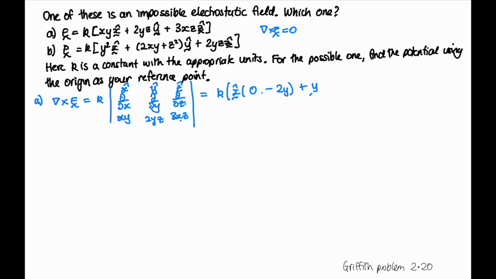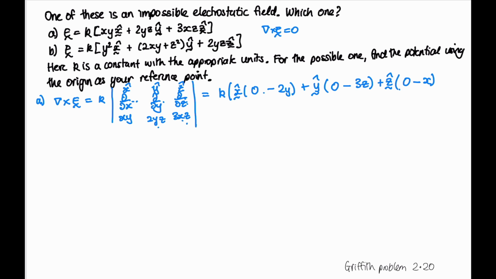And then in the y direction, we do d/dz of xy, so that is 0, minus d/dx of 3xz, so that is minus 3z. And then in the z direction, we've got d/dx of 2yz, so that's 0, minus d/dy of xy, so that is x. So you can see this is definitely not 0.